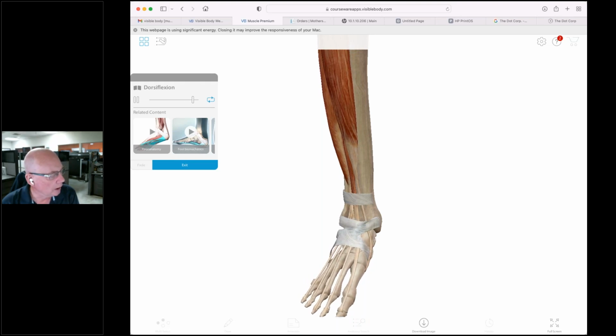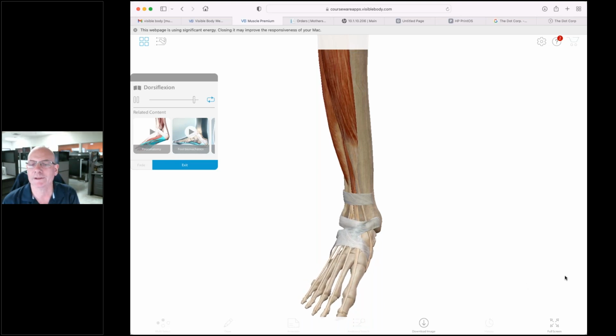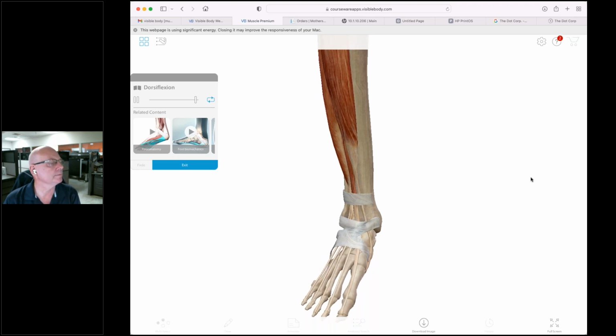There are muscles that go to the hallucis, or the big toe, but that's all we want you to know: hallucis is the big toe. I'll probably mention that again once we get down to it on the worksheet.